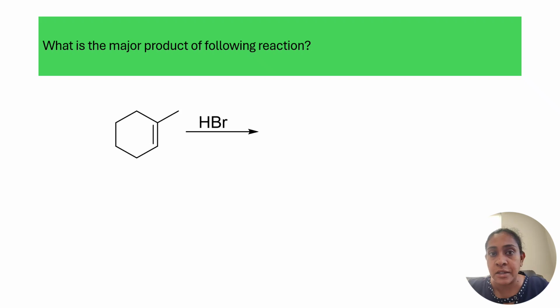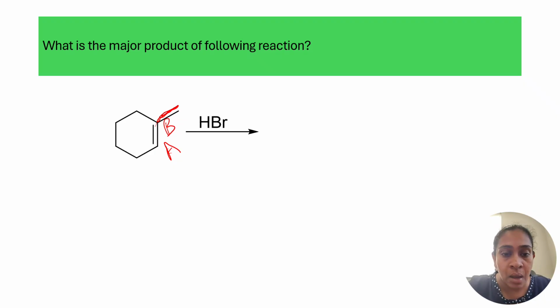The reagent is HBr, so this is a hydrohalogenation reaction. Because no peroxide conditions are indicated, we use the normal Markovnikov pathway. Look carefully at the two carbons of the double bond. Let's label these alkene carbons A and B. Carbon B has a methyl substituent, making it more substituted.